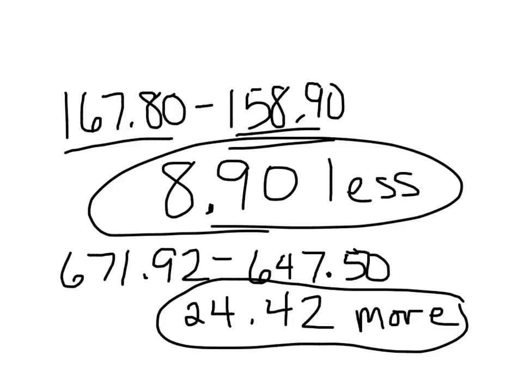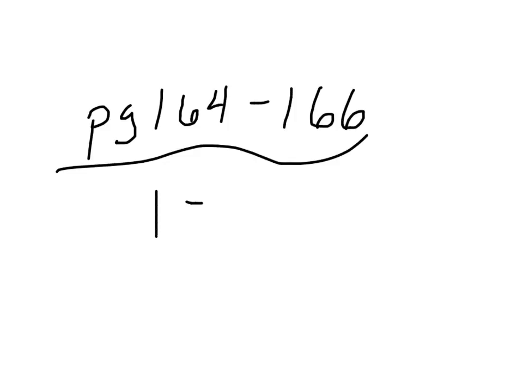And then on 12 and 13, you're going to do some writing as far as what you think, and it's your opinion. So as far as how to do the problems, you're going to subtract, but then you have to tell me, was the amount you spent more or less than what you thought? And so on page 164 to 166, we're on 1 to 13.